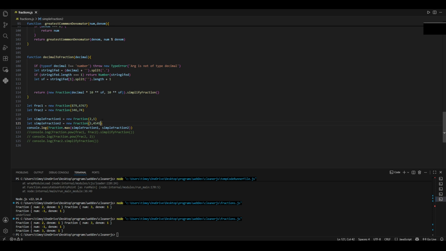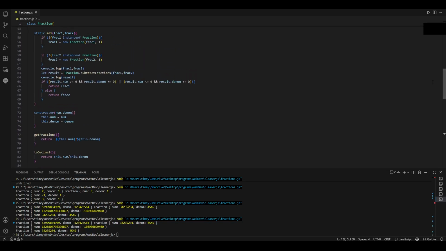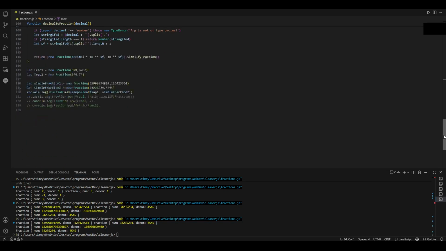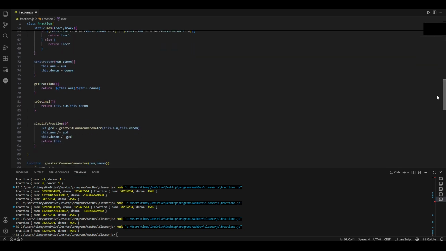Now let's do some crazy fractions. Pretty sure the bottom one's bigger. Yeah, that makes sense.